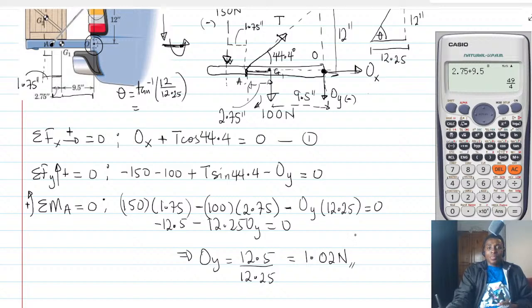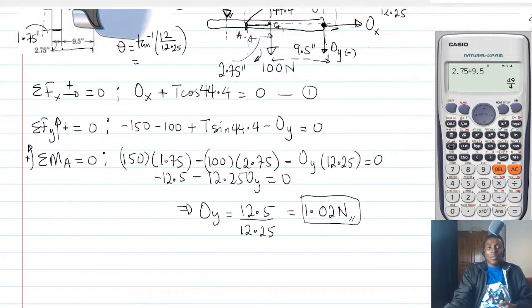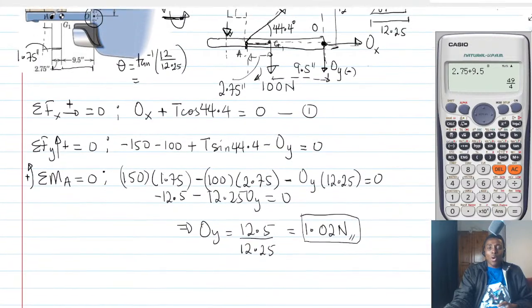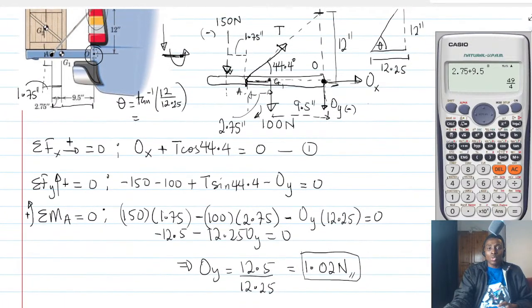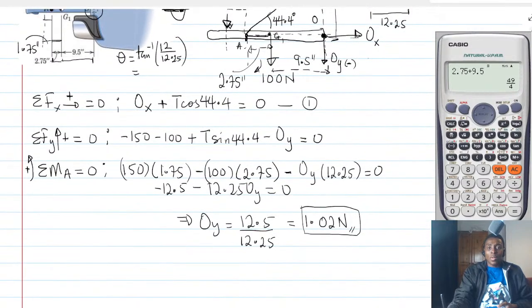And now since we have OY, we can go back and put this into, okay, let's call this equation 2, and the one before it equation 3.